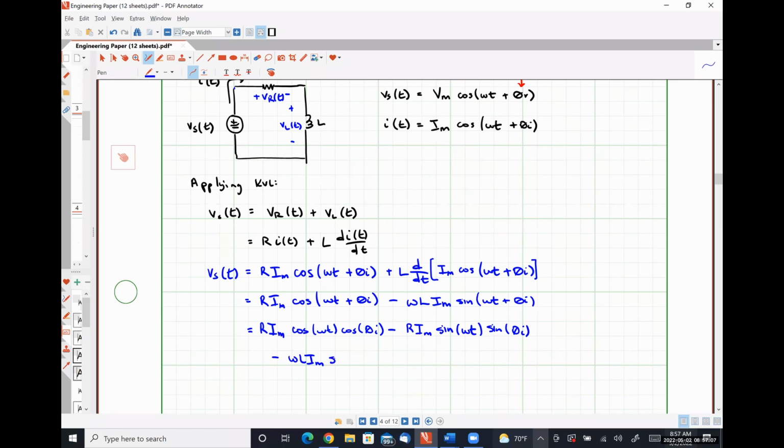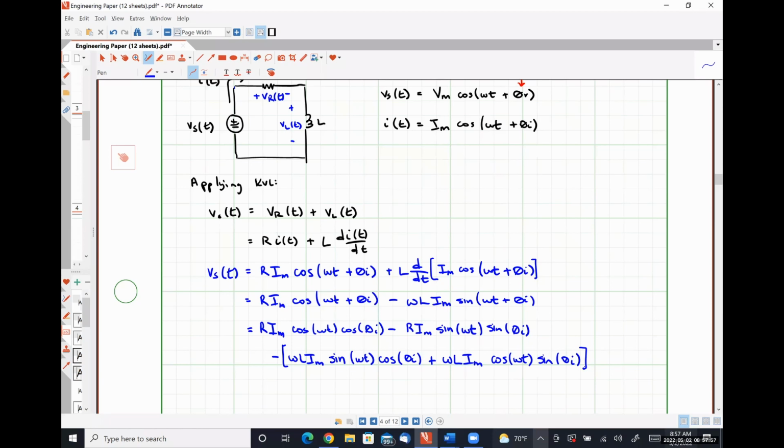I'm going to have sine alpha, so sine omega t, times cosine of beta, so that's cosine theta I, plus omega L Im cosine alpha, cosine omega t times sine of beta, so that's sine theta I. All right.